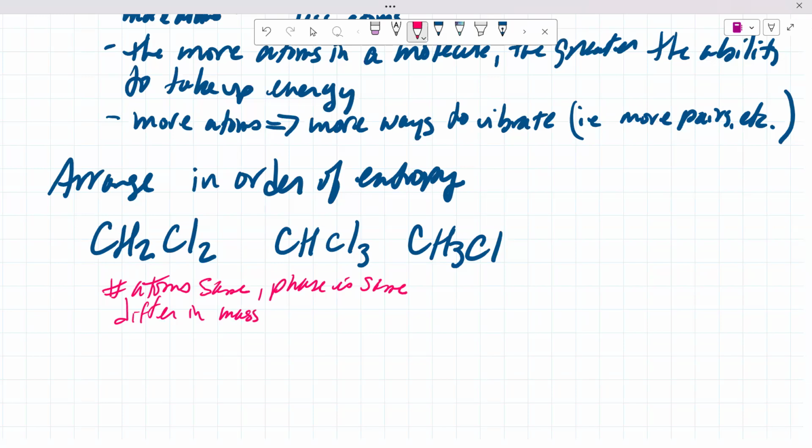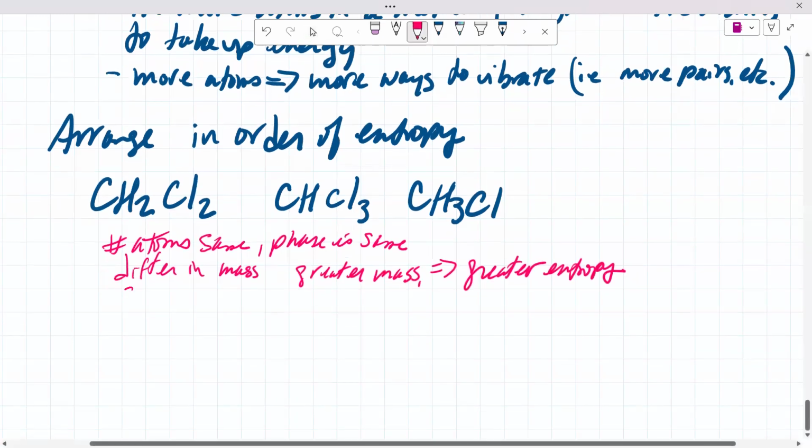So greater mass corresponds to greater entropy. So we just order the mass from greatest to least.